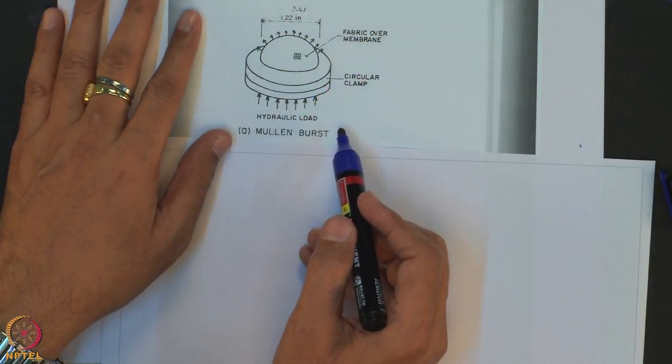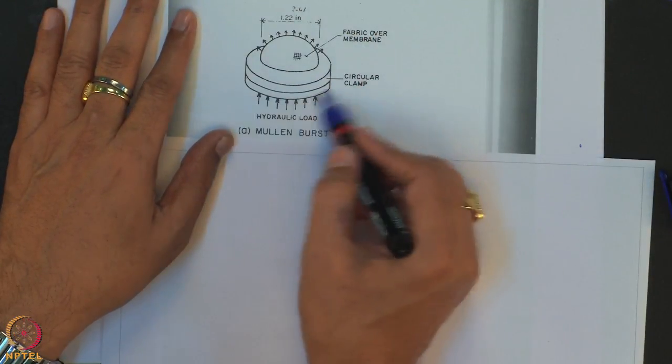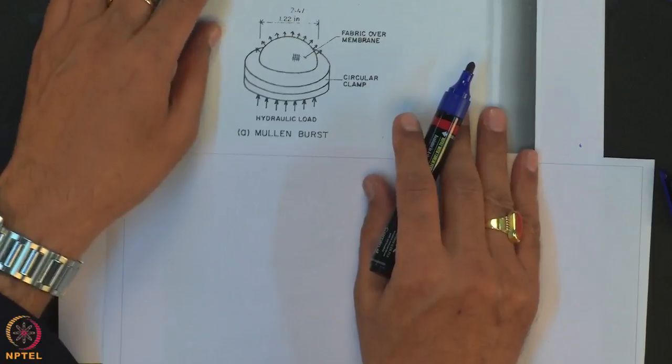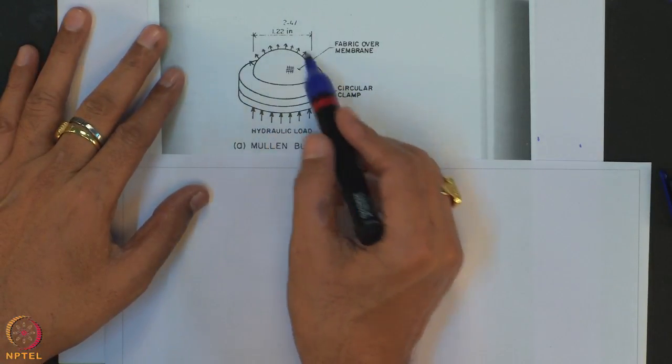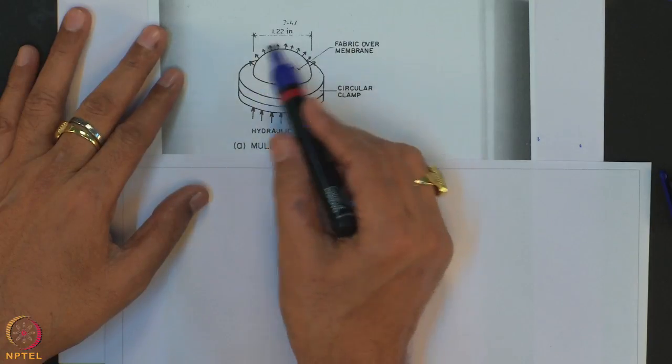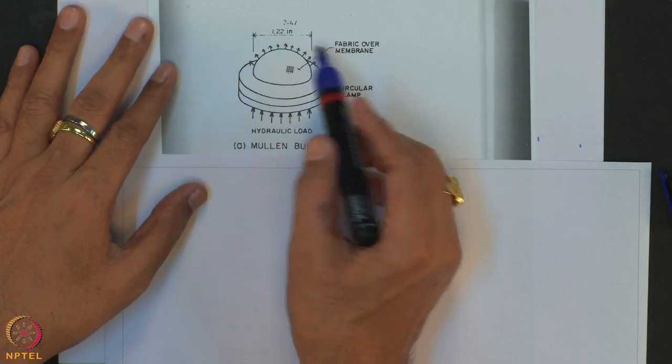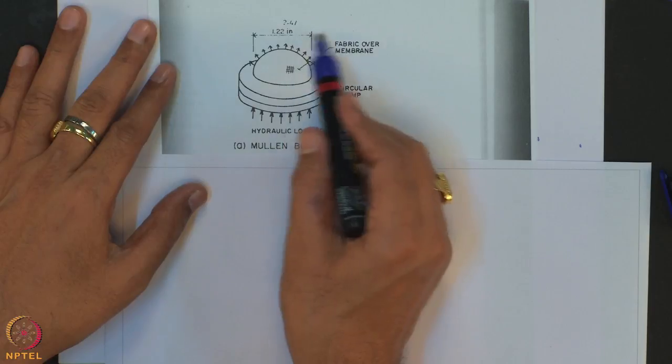For example, the different types of tests, and let us say that this is the Mullen burst strength, and you can see here is the circular clamp, and here is the geotextile over the geomembrane, and it has a dimension of 1.2 inch.